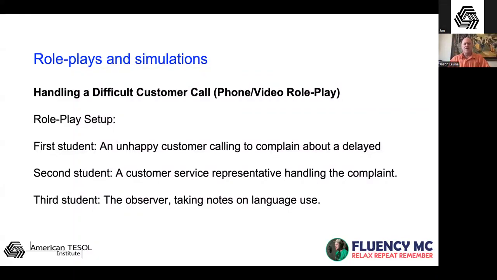But it's really good if a student does it and then they discuss it together. So the first two students are just doing it and the other person is watching, and you can change the rules. And yeah, this is about a complaint, but whatever it is that you feel you want to do a role play on or a simulation on, it's just great.